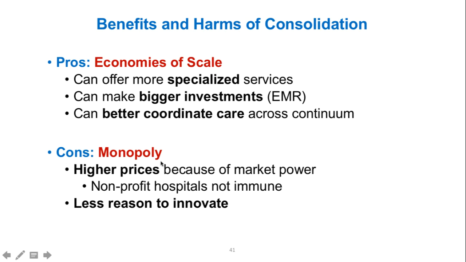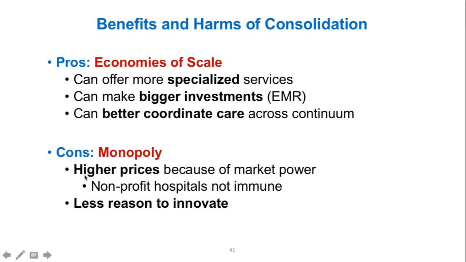The con of monopoly is higher prices because of market power, so they can set their own prices, and even non-profit organizations are not immune. The problem is that when there is only one firm in the market, there is no competition.